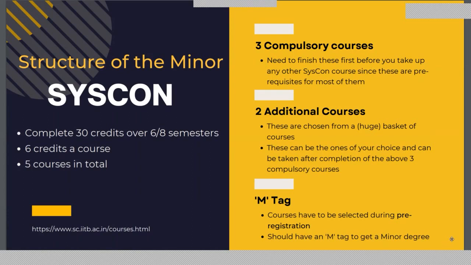So you finish these 3 courses first, and then you can take the 2 additional courses. You can choose these courses from a huge basket of courses, absolutely huge. And of course, you can take these courses only after you finish the 3 courses successfully.